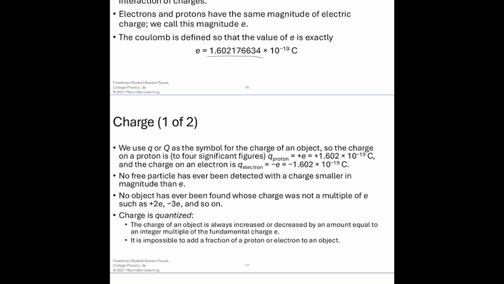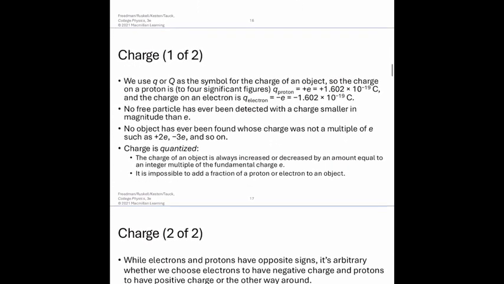So interestingly enough, another really cool fact about charges is that e is the smallest possible division of charge. There is no particle ever observed that has a charge smaller than 1.602 times 10 to the minus 19 coulombs. Everything that we observe is in multiples of e, okay?